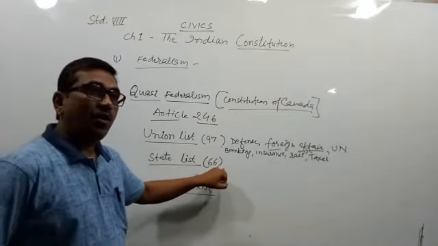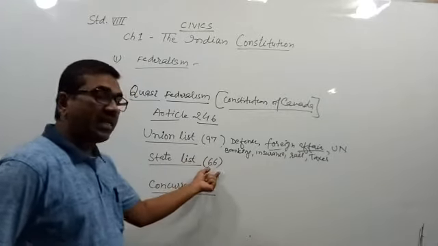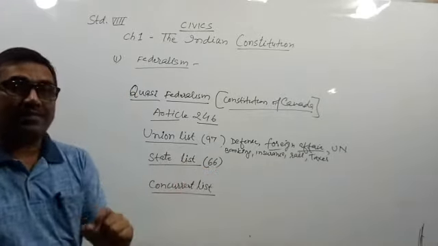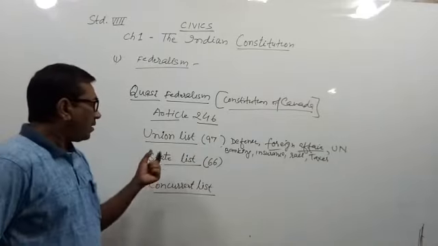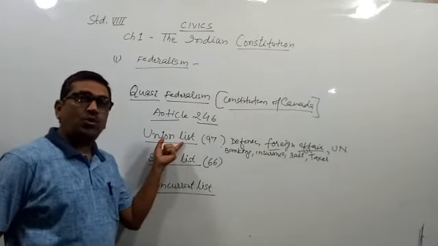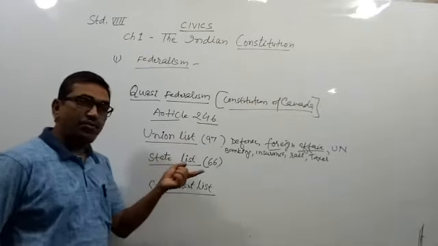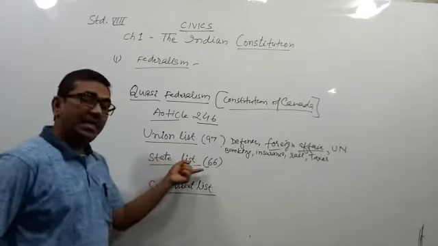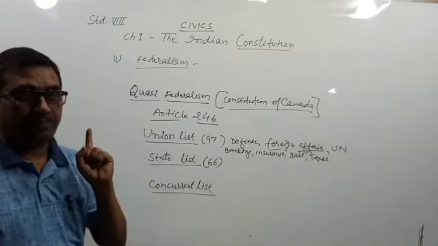It means all the subjects which are mentioned in the State List, only the state government can frame the law. The central government or union government has no say in the law making of the subjects mentioned in the State List. कोई interfere नहीं करेगा.